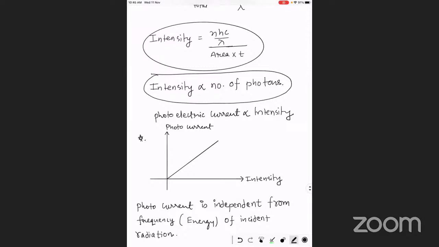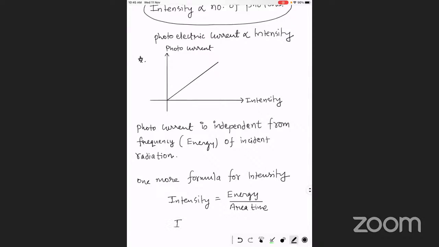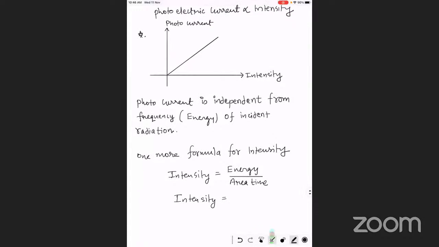Okay. Anyone would like to tell me another formula of intensity? Not the electric field one, that will not be there. Energy per unit area per unit time. Intensity is equal to energy upon time, which means power, power upon area.